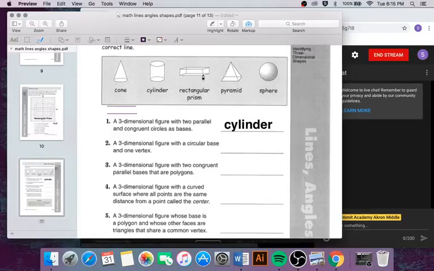The prism has 1, 2, 3, 4, 5, 6, 7, 8 vertexes. Our cylinder doesn't have any, and our sphere doesn't have any. Our cone only has 1. So it has a circular base and 1 vertex. So number 2 is going to be a cone.